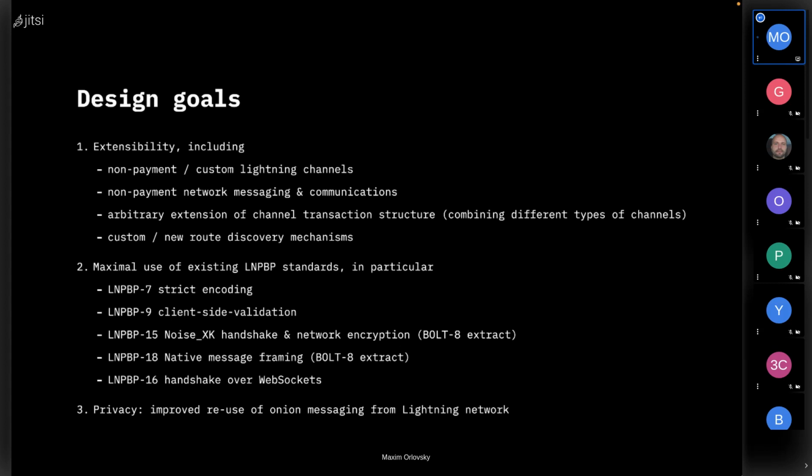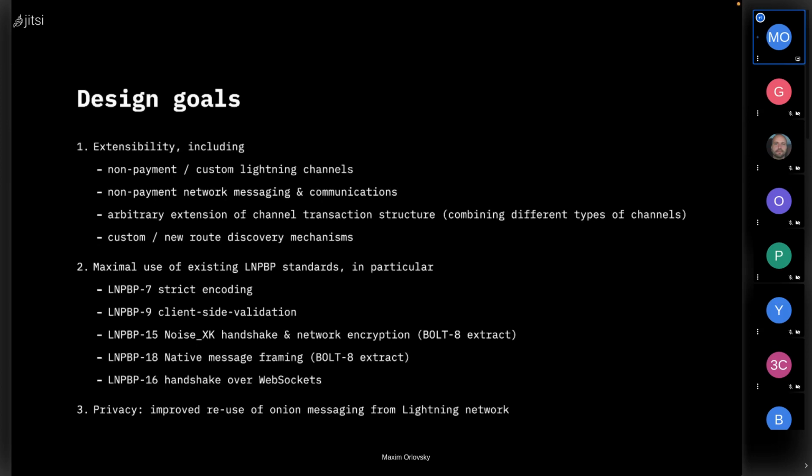As for extensibility, we would like Bifrost to be able to host such applications as non-payment applications and custom Lightning channels, non-payment network messaging, communications, and data storage, arbitrary extension of channel transaction structure, where you can combine different types of channels, compose them together, and add on top of each other, and custom URL discovery mechanisms. So Bifrost should support all of that.